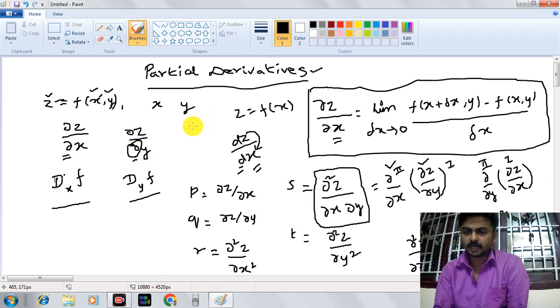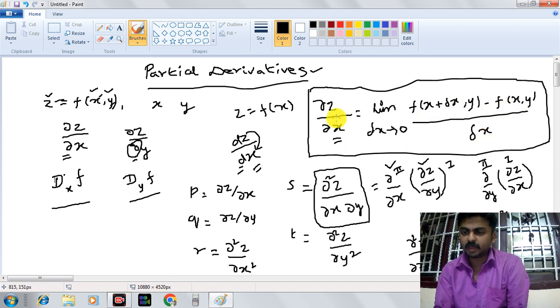And here we can also know that dou z by dou x is nothing but limit delta x tends to 0, f of x plus delta x comma y minus f of x comma y divided by delta x.